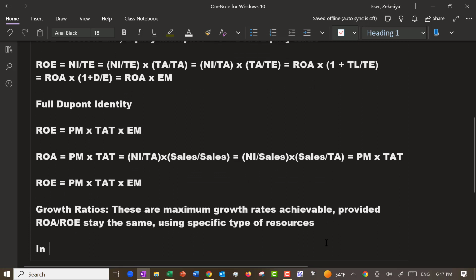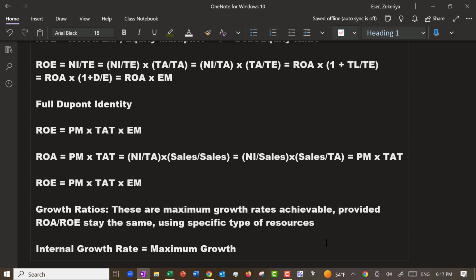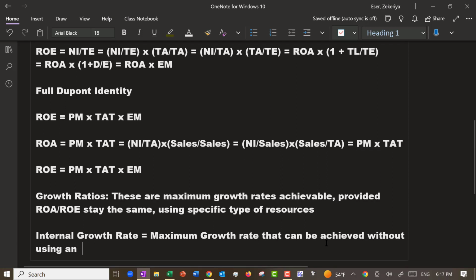The first one is called internal growth rate. Maximum growth rates that can be achieved without using any additional external resources.